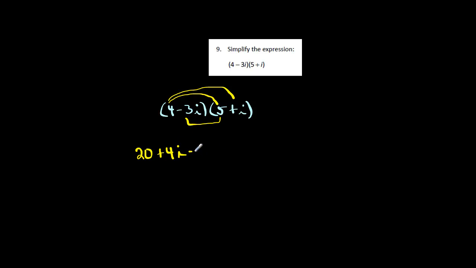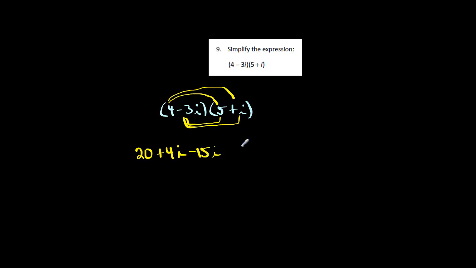Number 9, simplify. So we have 4 minus 3i times 5 plus i. So we're going to multiply this out. 4 times 5 is 20. 4 times i is 4i. Negative 3i times 5 is negative 15i.